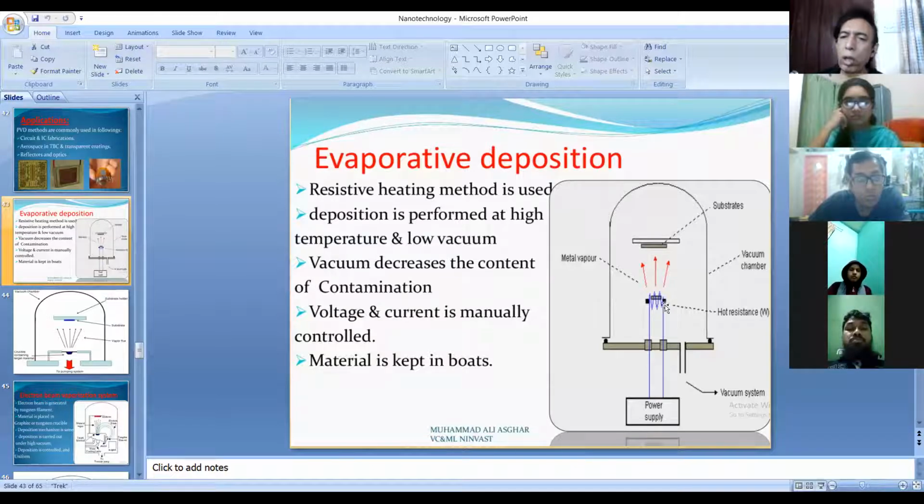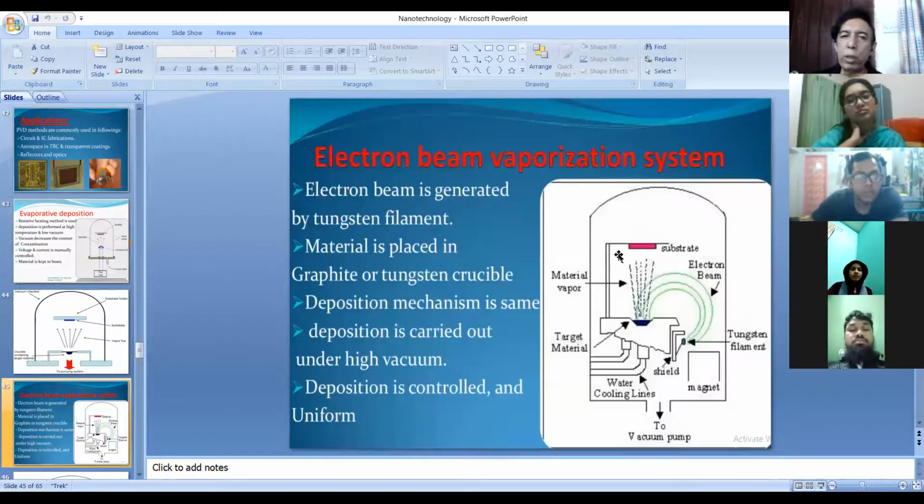Now, without giving heat, how can we vaporize a material? This is one process, what is called the electron beam vaporization technique.